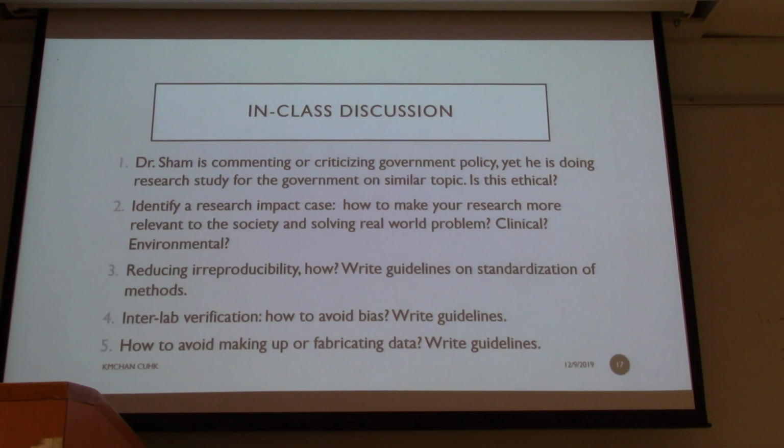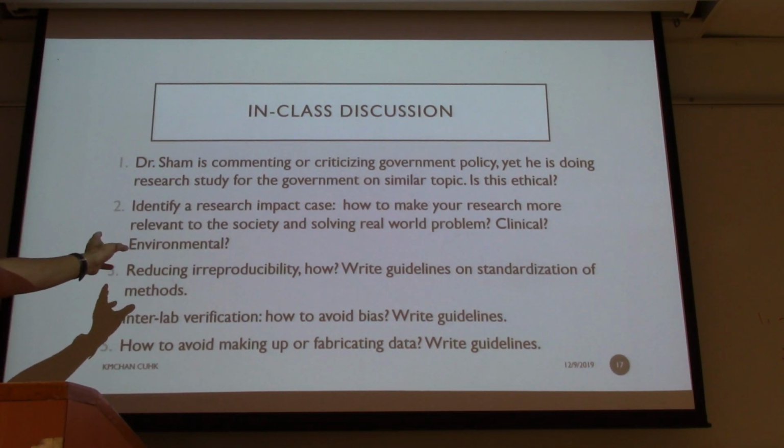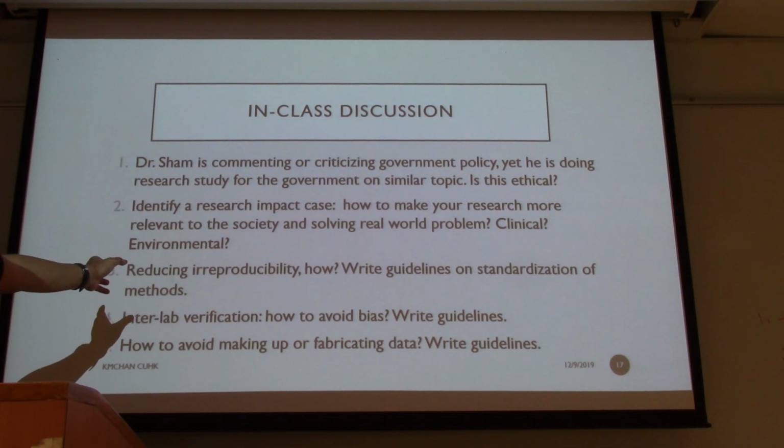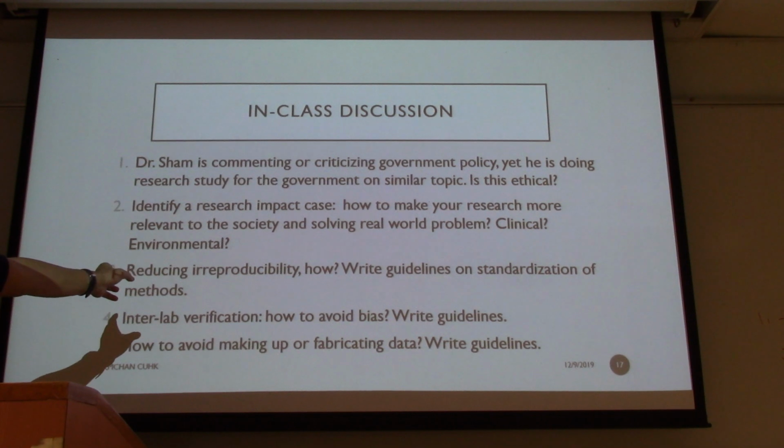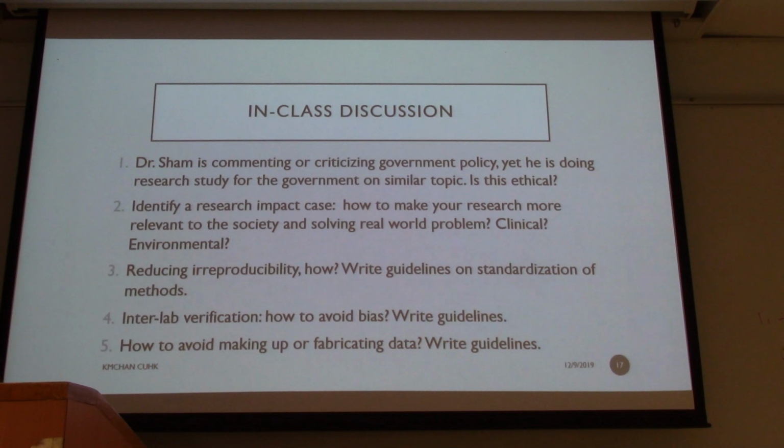Number 3, how to reduce those data. Many published data, we say, oh, this is not reproducible. Those guys just publish the data, and then other scientists try to repeat the experiments but could not get the same data.